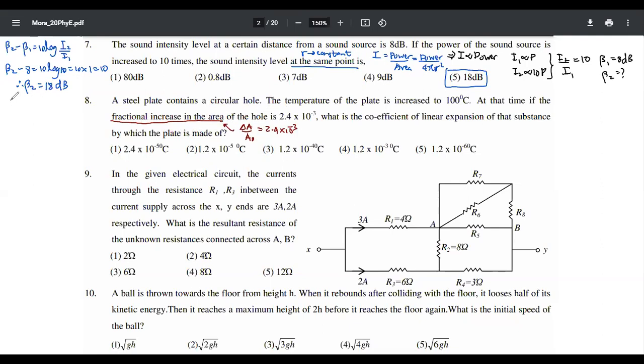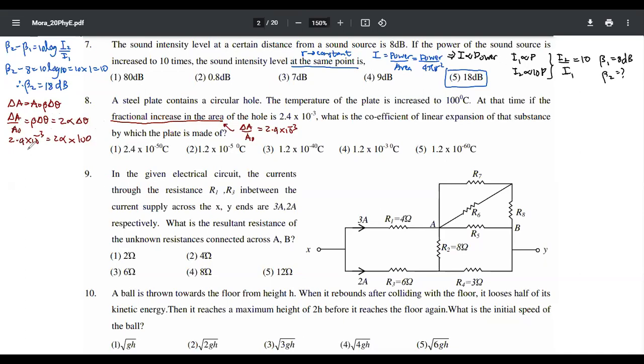You can say delta A, we know it's equal to A naught beta delta theta. That is the equation. So delta A over A naught is equal to beta delta theta, and we all know beta is equal to 2 alpha. Delta A over A naught is 2.4 into 10 to the power minus 3 equal to 2 alpha into delta theta, and delta theta is 100.